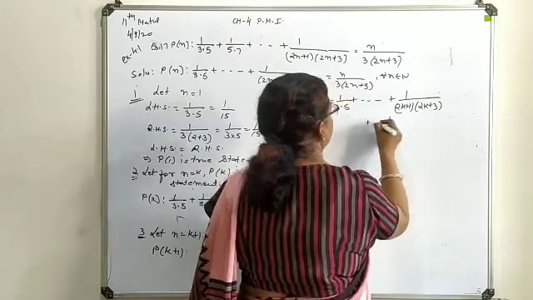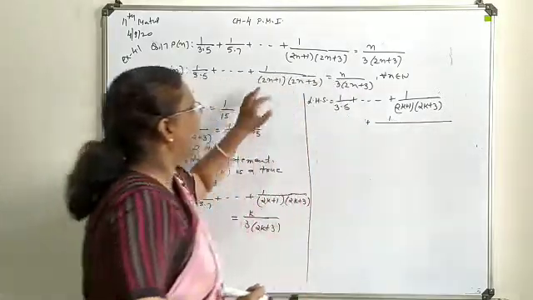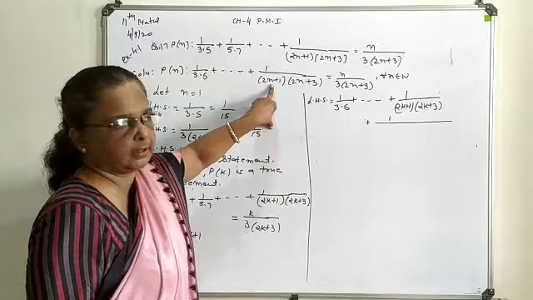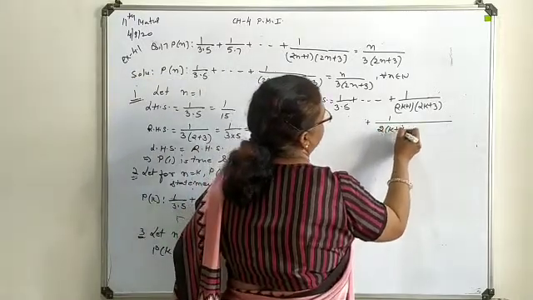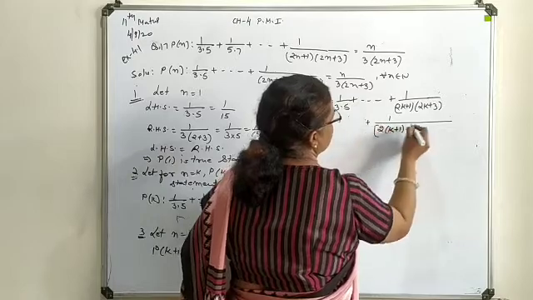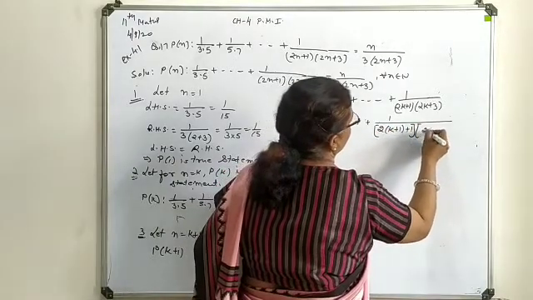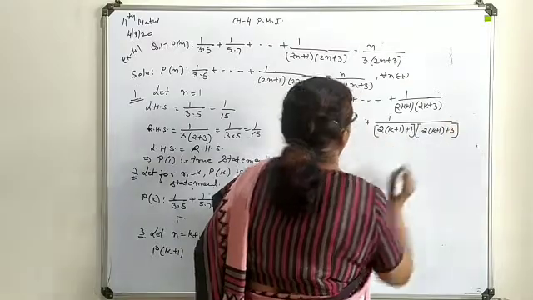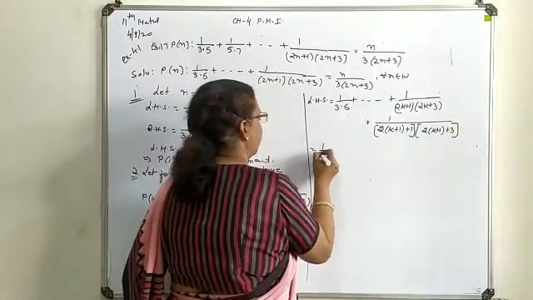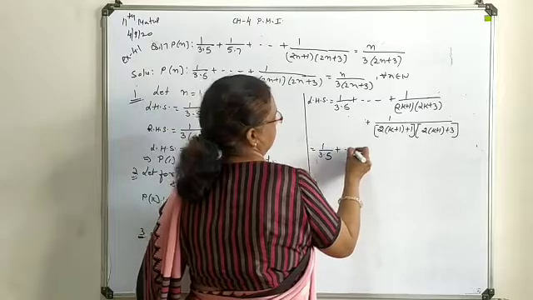Now your kth term, that means in place of n now we have to write k plus 1. So that will give you 2, k plus 1 bracket, second 2, k plus 1 plus 3 another bracket.